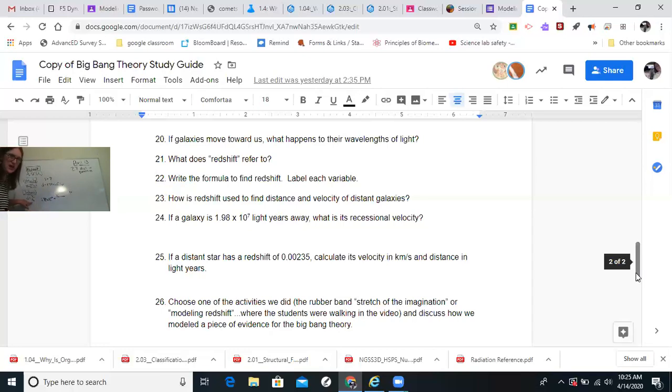Can you see what I'm writing? Yeah. Okay. So here's my d, my distance. I'm looking for velocity and I'm going to plug in Hubble's constant. Hubble's constant is 2.31 times 10 to the negative 5th kilometers per second per light year.